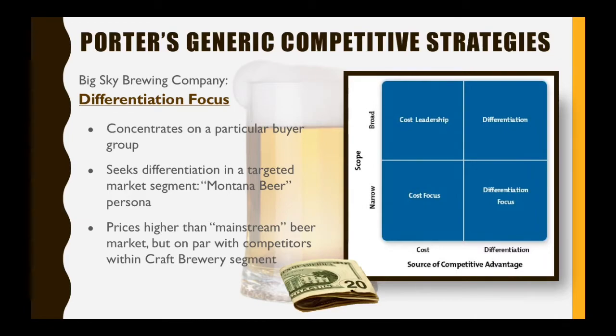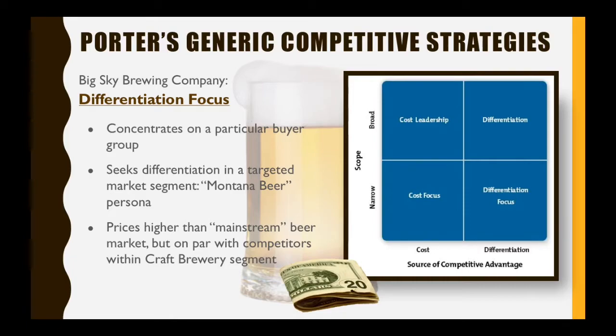And according to research that we found, that is consistent with differentiation focus, because within your targeted market segment, your prices need to be on par with your competitors, because if they're not, then your consumers will not see the increased value associated with your higher price. So again, we've determined that Big Sky Brewing Company fits into the differentiation focus in Michael Porter's generic competitive strategies.